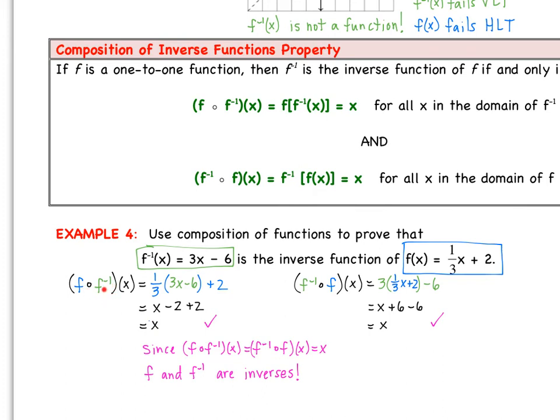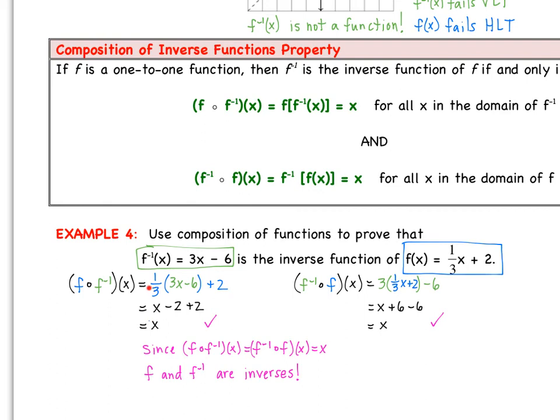So I want to make sure that this equals x. So I'm going to take this equation here and plug it into the x in the equation f, okay? So all I did was substitute. Instead of x here, we now take 3x minus 6. And now we just have to simplify and clean it up.